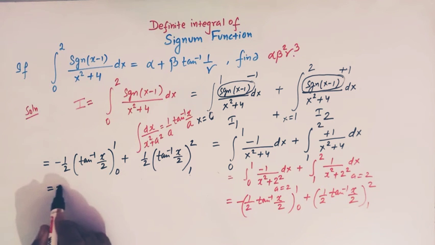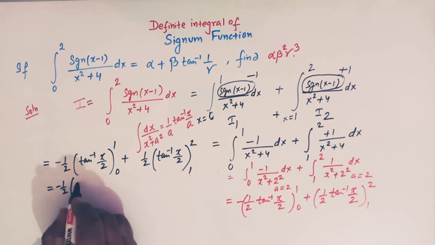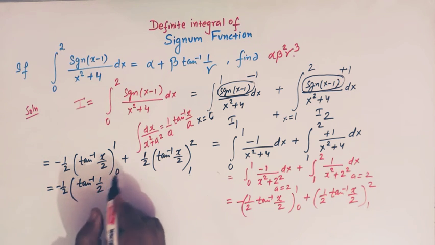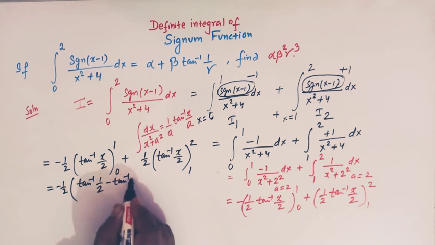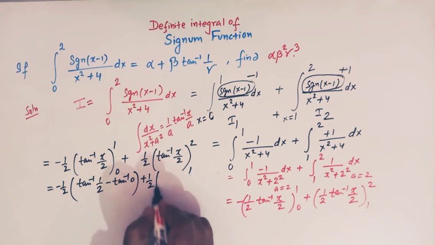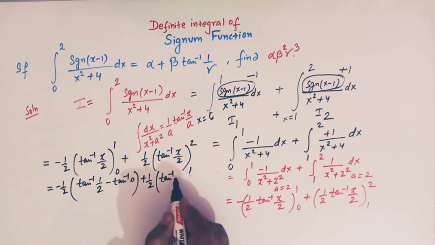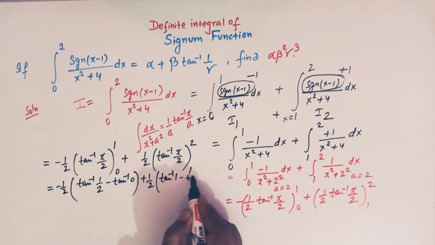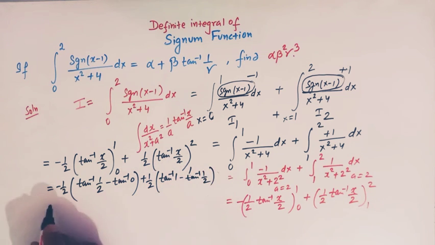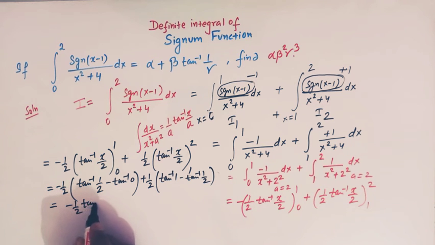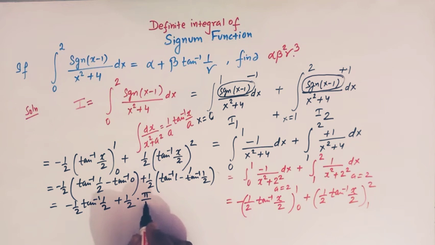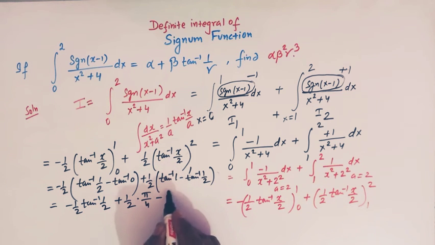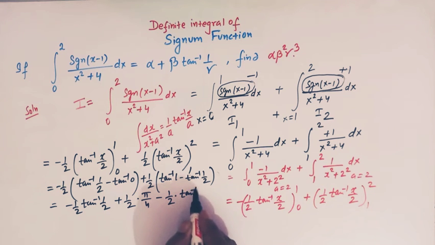And now we can substitute the limits. Here we have tan inverse 1 over 2, and taking x equal to 0 we get tan inverse 0, right? And here we have half, tan inverse 2 over 2 is tan inverse 1, minus tan inverse 1 over 2. Now this is minus half tan inverse half, and this is 0, and here we have half, and tan inverse 1 is pi by 4, and here we have minus half tan inverse half, right?